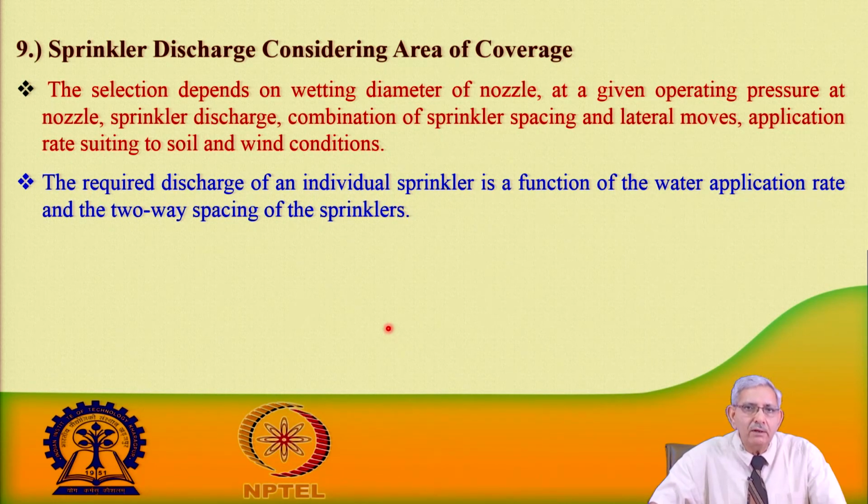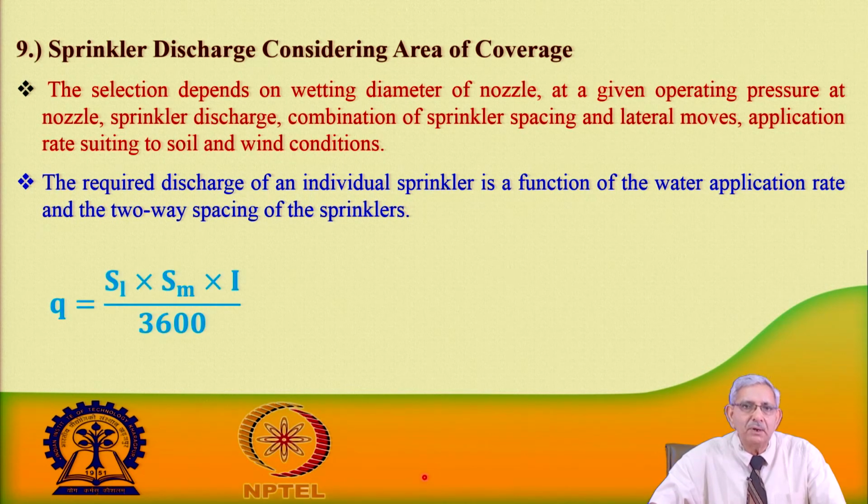The required discharge of an individual sprinkler is a function of the water application rate and the two-way spacing of the sprinkler. Two-way here means the spacing of the sprinkler along the lateral and the spacing of the sprinkler along the main.